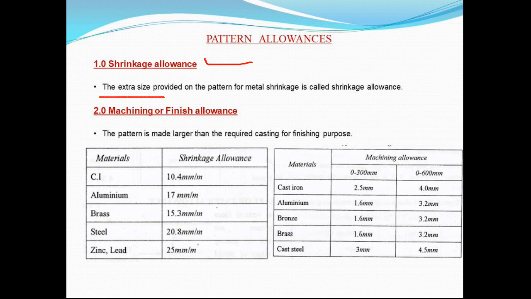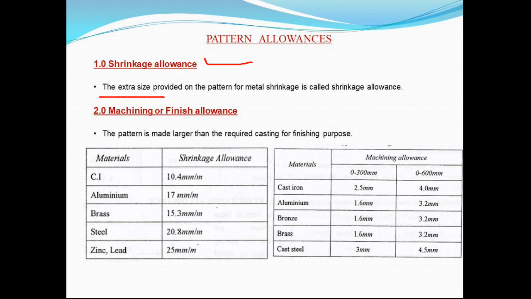If we make a pattern in the exact size, the cavities will be produced in the same size. So if we give some allowance to the pattern, considering this material shrinkage, the pattern will be made slightly larger compared to the original dimension.